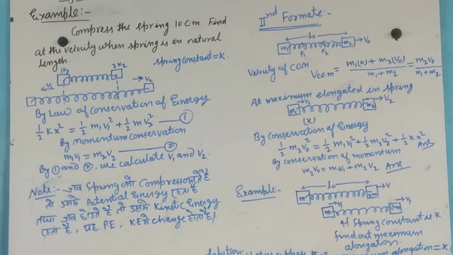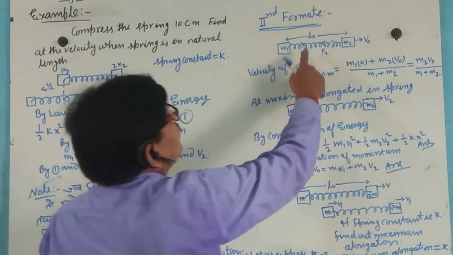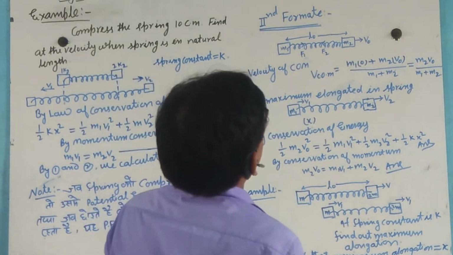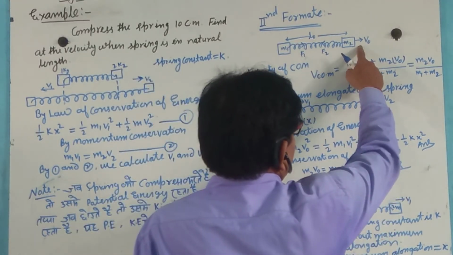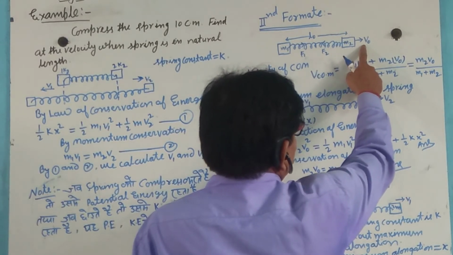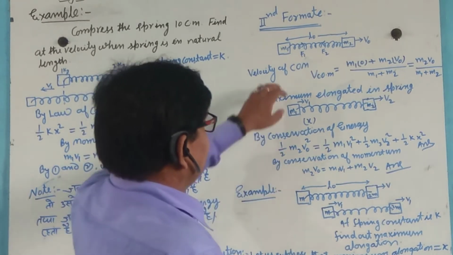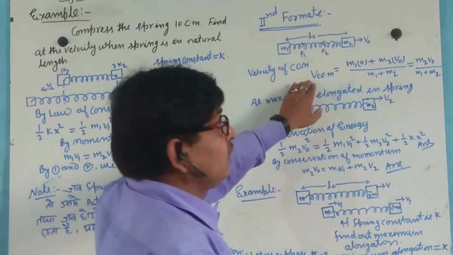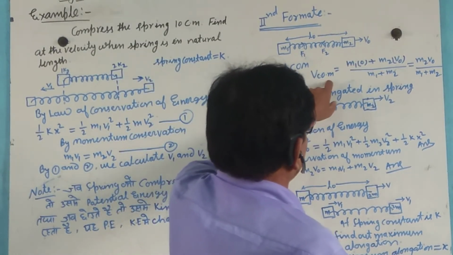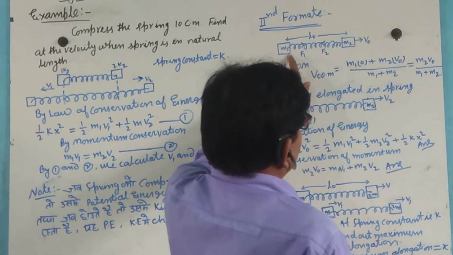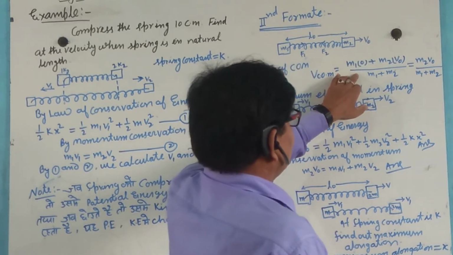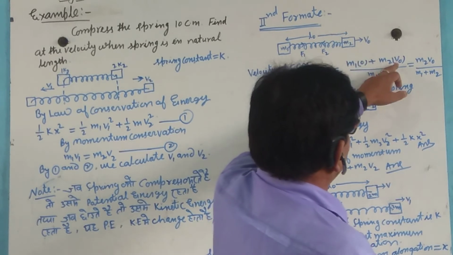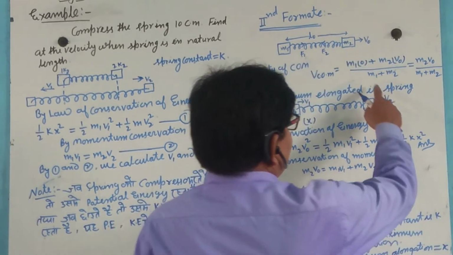Now in the next example, we take the natural length of the spring as L, with mass m1 and this mass m2, and apply an initial velocity v0 to create velocity here. So the velocity of the center of mass, if we apply the force, equals m1 times 0, since the initial velocity is 0, plus m2 times v0, divided by m1 plus m2.